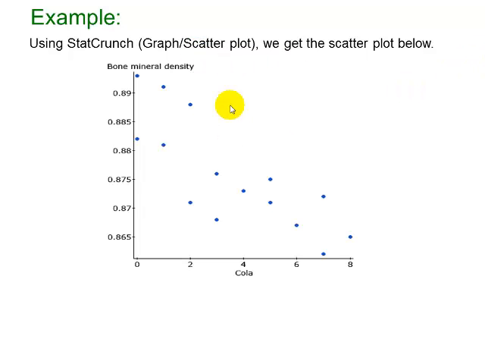And that would give us a scatter plot like this. So this is just treating each one of those pairs of numbers as a point. So for instance, this one would be for 2 colas per week and a bone mineral density of somewhere between 0.87 and 0.875.